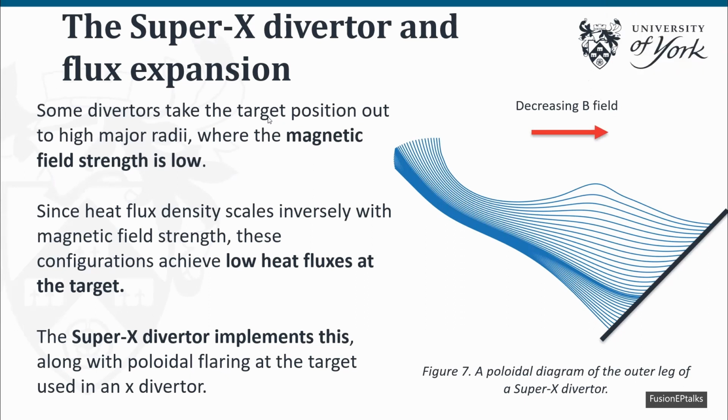And I hope you can see that if you just have a 1 over x curve, right? If you take anywhere on that curve and ask what's the difference in your y-axis with a given step in x, you're going to have the biggest bang per buck at low values of x. So at low major radii, if you take a small step, you're changing your magnetic field quite significantly. Whereas if you go to high major radii, it falls off a lot more gently.